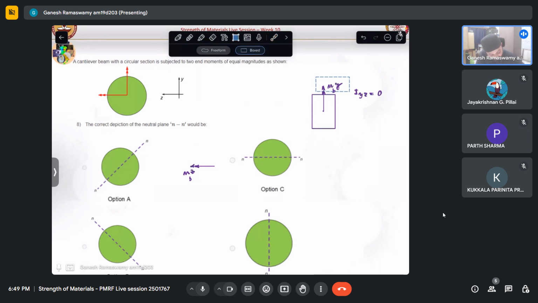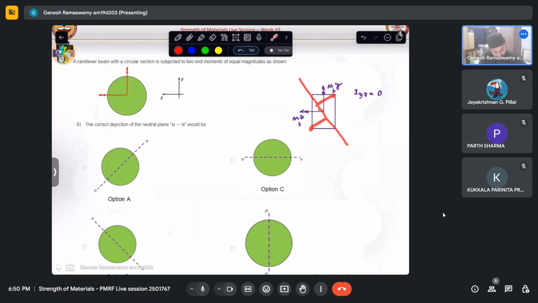Whereas if both were to act simultaneously like this, then my neutral axis will have some generic orientation. And in problems, it is worthwhile to know where the stresses will peak. So let us say that if my neutral axis is this way, we know that our bending stress is maximum at the farthest fiber from the neutral axis. So if this is the farthest, we will have maximum bending compression and maximum bending tension there also, depending on the nature of the bending moment that has been applied.